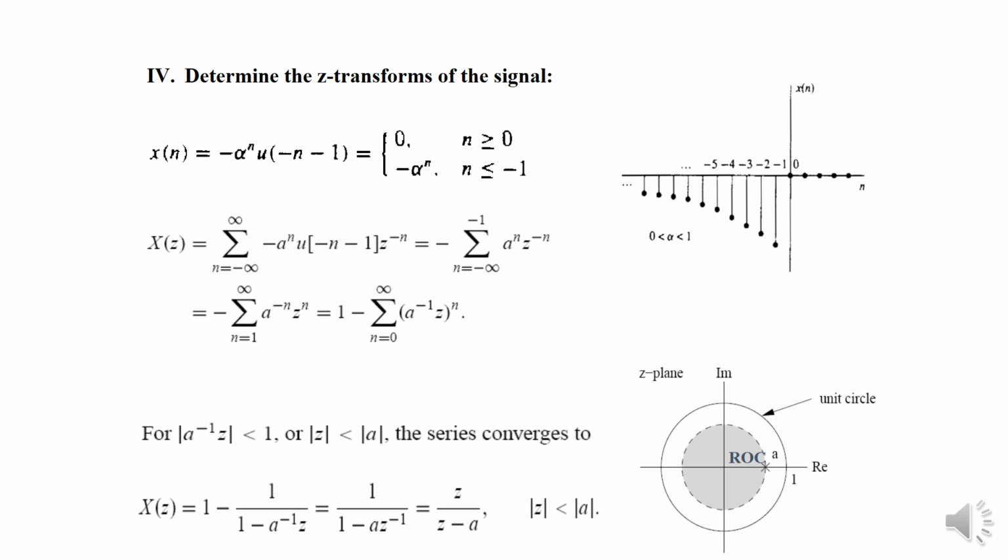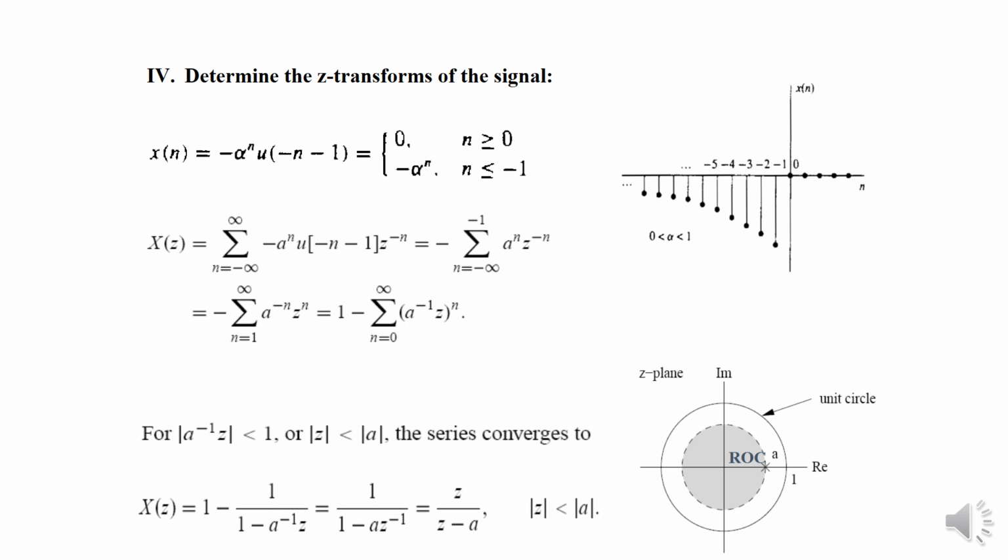We can take the minus sign out, and the sum from n equals minus infinity to minus 1 of a to the power n z to the power minus n. The limits have changed because x[n] exists from n equals minus 1 to n equals minus infinity. The minus sign comes from minus a to the power n, then a to the power n times z to the power minus n, as you can see here.